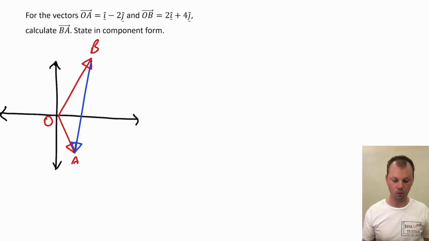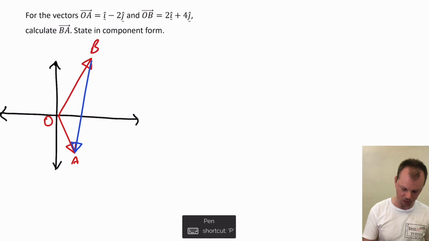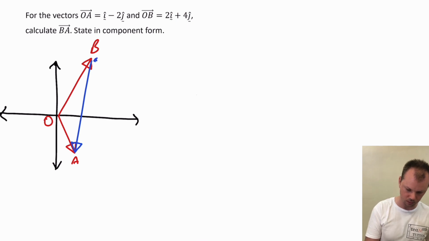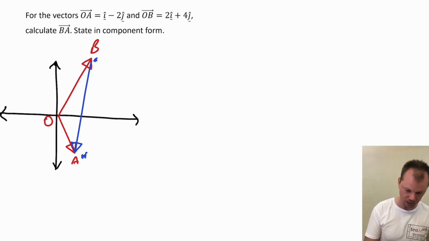Now when we're working out the vector, we want to start at the tail of the vector and work our way to the tip of the vector. So the way that we can look at this is we want to go in this direction and this direction.